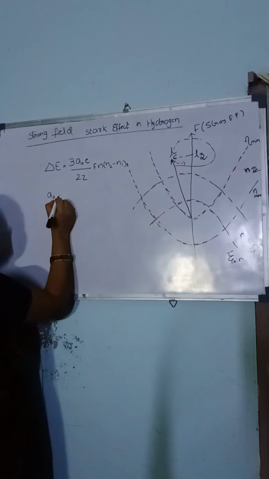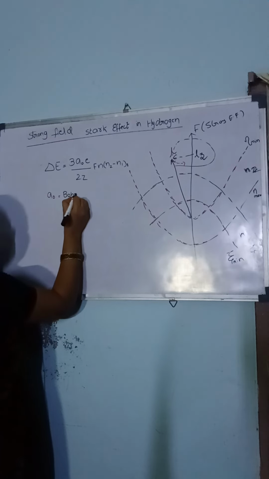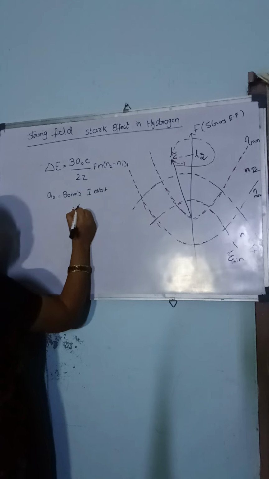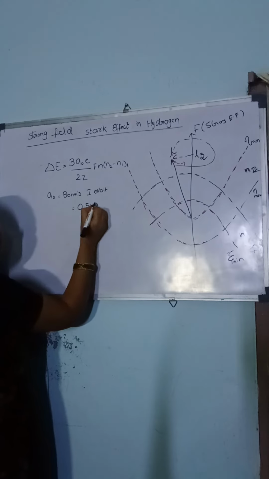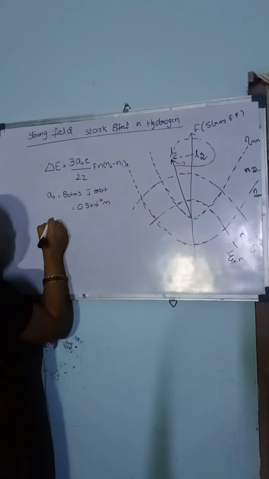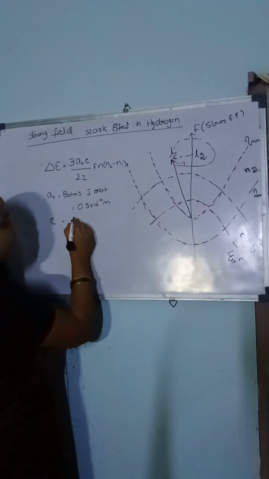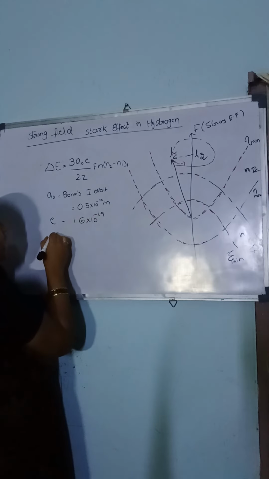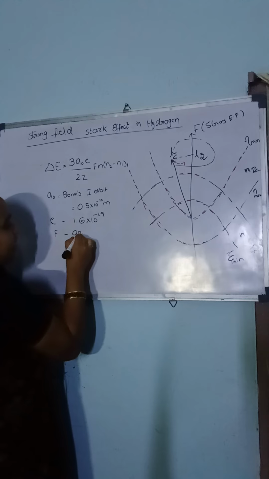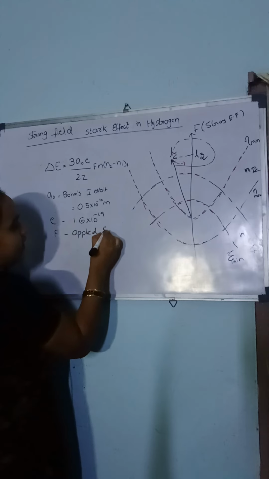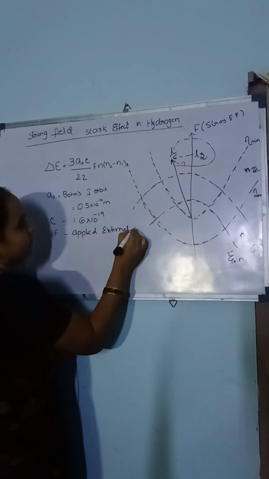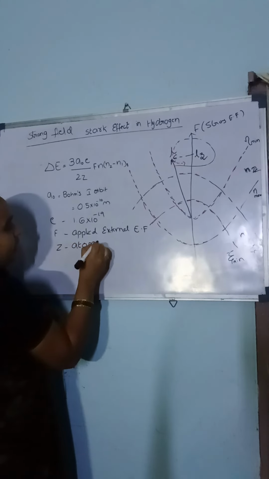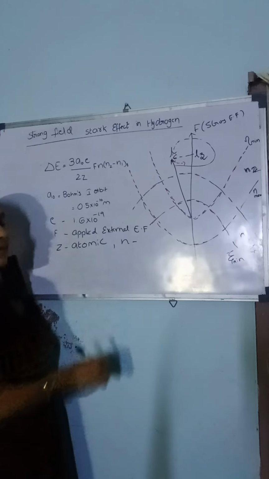Here a0 is Bohr's first orbit radius, that is 0.5 into 10 power minus 10 meters, e is the charge of an electron, which is 1.6 into 10 power minus 19 coulombs, F is the applied external electric field, Z is the atomic number, and n is the principal quantum number.